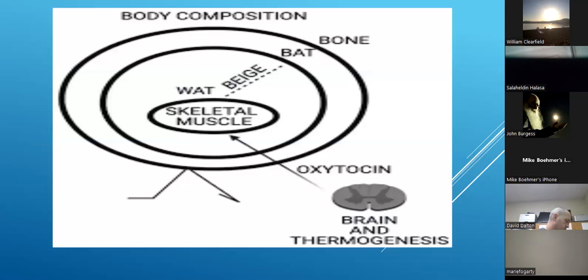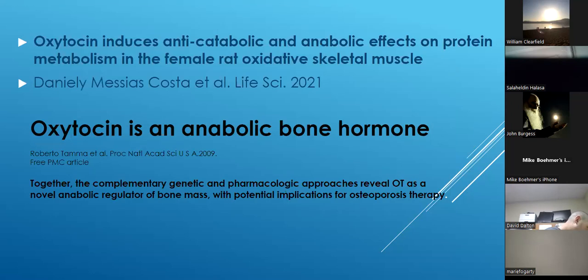And so oxytocin will help to transform white fat to brown fat, helps to burn the fat, decrease the fat mass, and increase the bone mass and muscle mass. That's what we really need, to slow the process of aging and rejuvenate the whole body. So oxytocin is anti-catabolic, right?